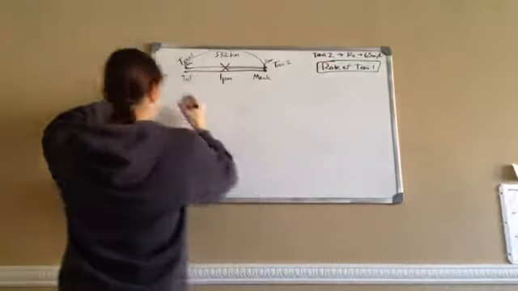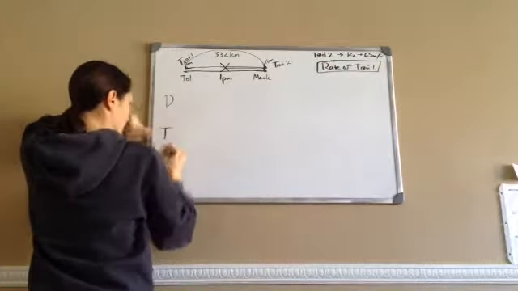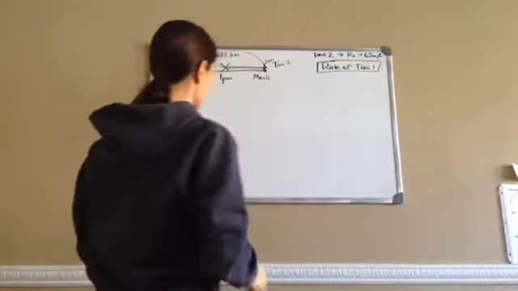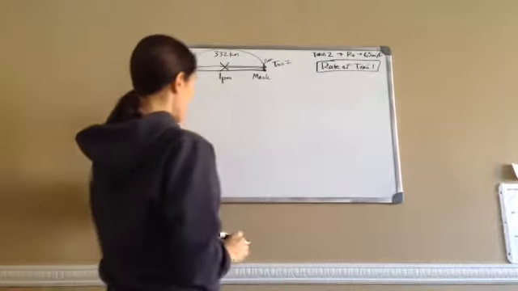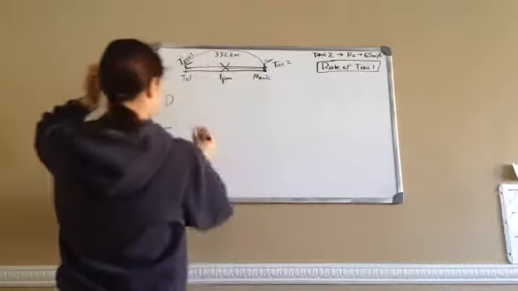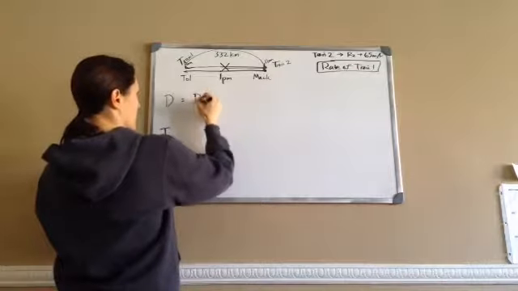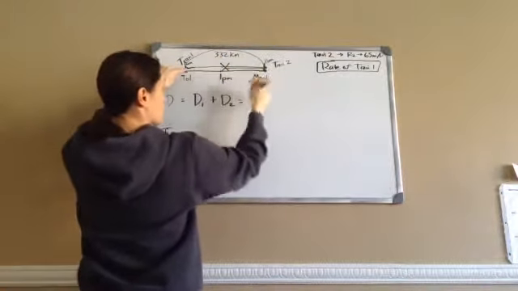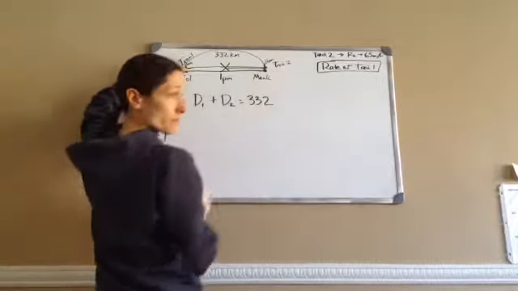Now, so again, we want to go D, T, R. All right, let's find our distance. The distance of train 1 plus the distance of train 2 equals 332, right? Yep.